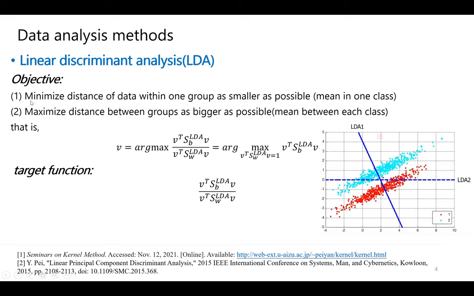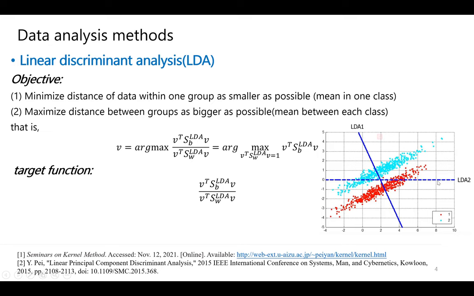The first objective is to minimize distance of data within one group. It can be shown as this part. This is the distance within one group. And to maximize distance between groups, it can be presented by this part. It is about the distance between groups.